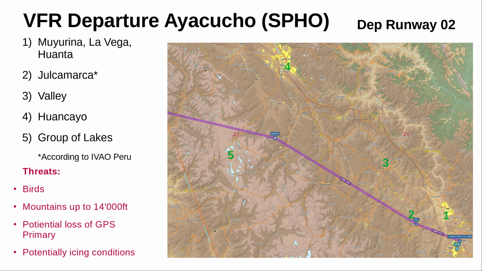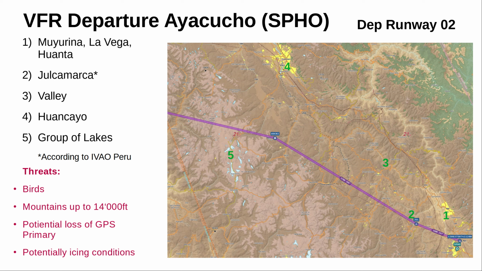Then, when you're flying in the mountains, there is a potential loss of GPS primary, but this is, of course, backed up by our visual reference points that we can see. And at some point, the GPS primary will then come back, hopefully.